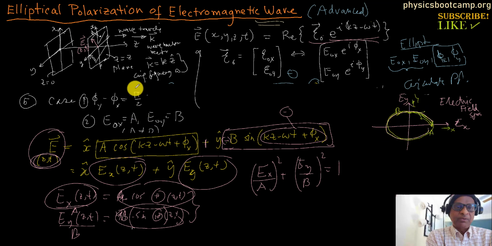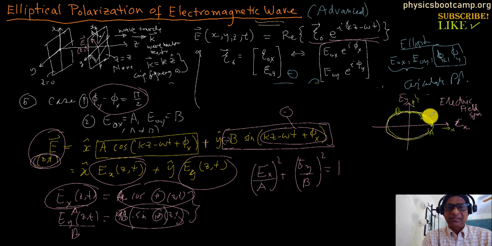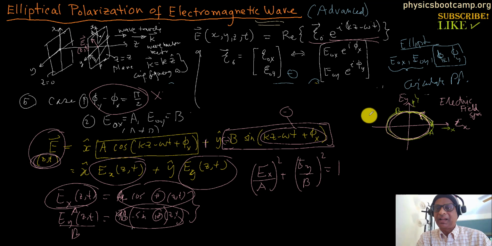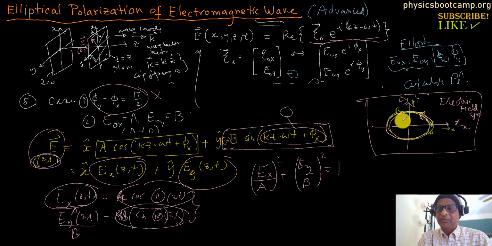So what we see, if I have pi over 2, and these are just off by pi over 2, we end up going counterclockwise, okay, and aligned with the axis.